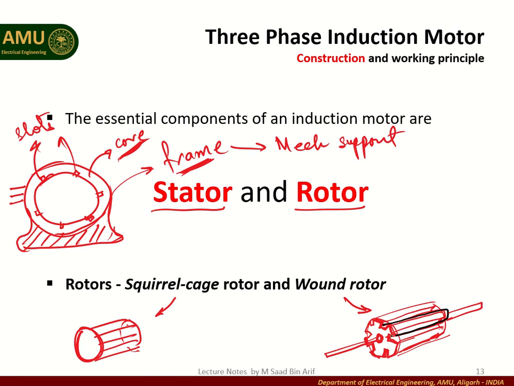We have armature winding in these slots, and they are short circuited either using a slip ring arrangement or one winding, another winding. They all are then short circuited, maybe through a resistance like this. You will see. So the rotor is made up of this type of arrangement.